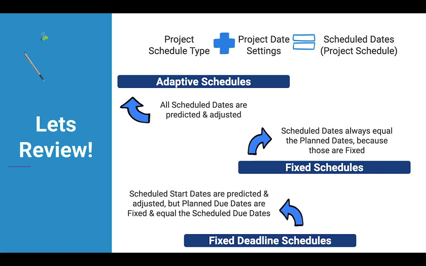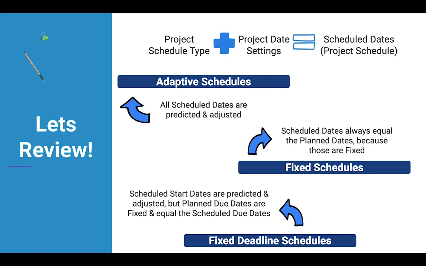And so being able to select the schedule type and the date settings that apply to your project to make sure that it's being managed and it's being scheduled in the best way for your team and for your client is really an important part of Accelo's project management framework. Giving users, giving project managers the freedom and the autonomy to make decisions about how a project is automatically managed and automatically scheduled.